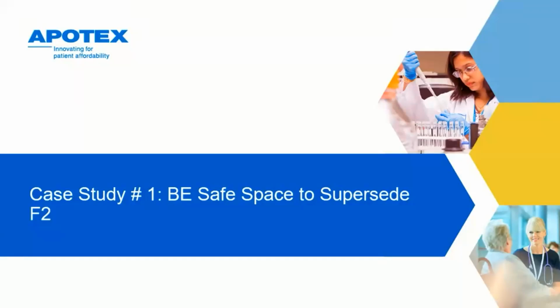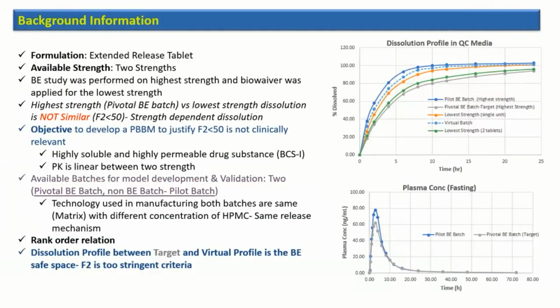The first case study is a case where we want to use the PBBM concept to supersede the F2 criteria. This is an extended release product having two different strengths, and the drug substance is BCS class 1.